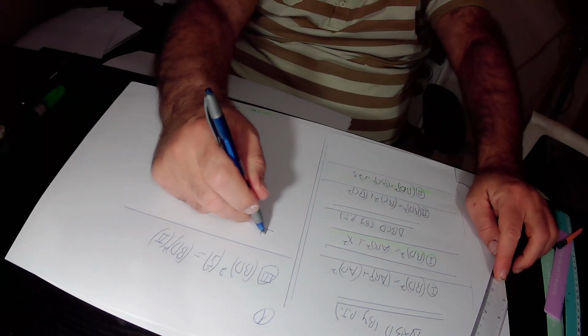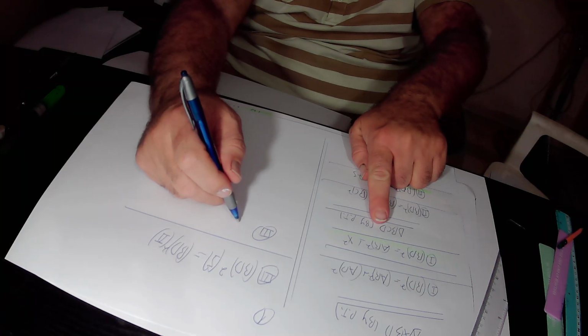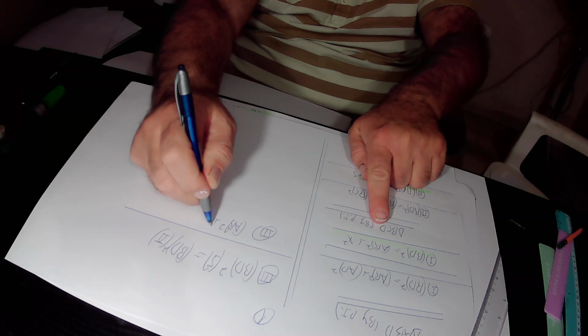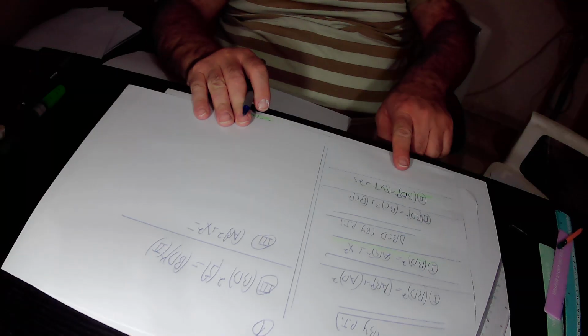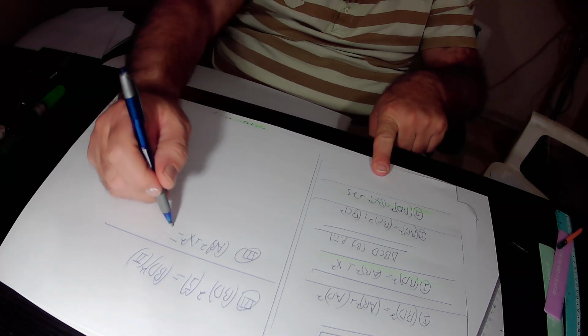BD squared according to equation 1 equals AB squared plus x squared, and it must be equal to BD squared according to equation 2, which equals BC squared plus 25.